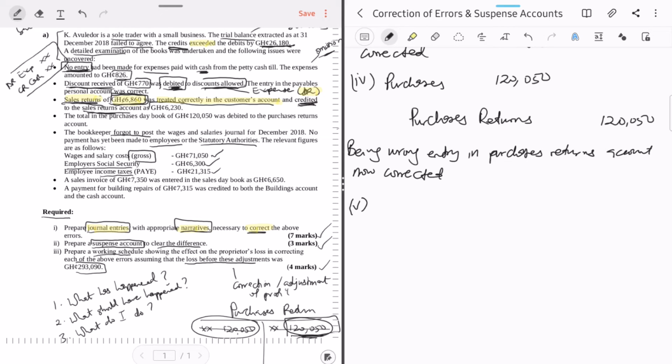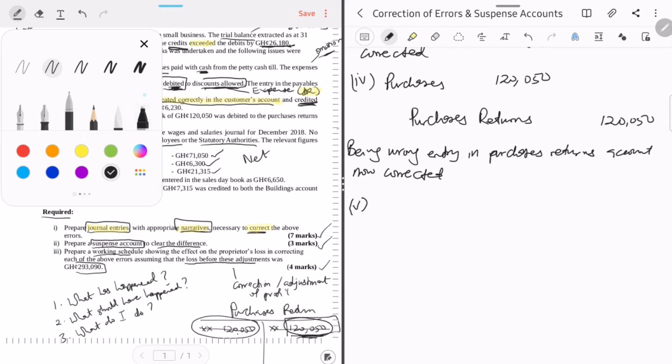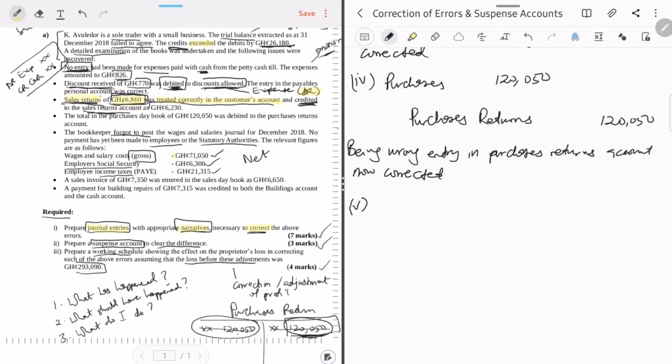Let's start with the credit side. How much are you going to pay your employees as salary for the month? It is going to be the net figure. Would you agree with me that the net figure you pay to your employees is the difference between the gross salary and any employee taxes?